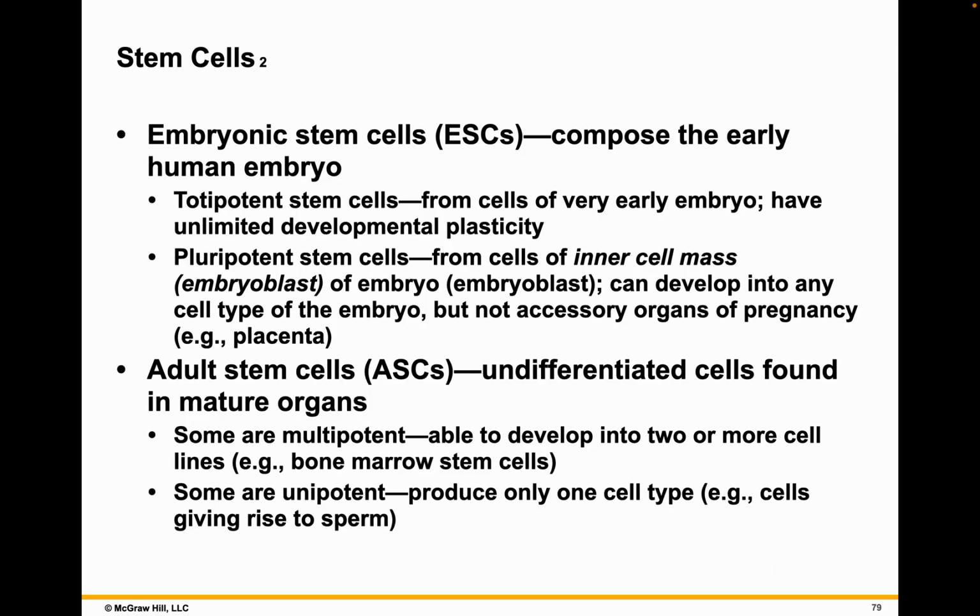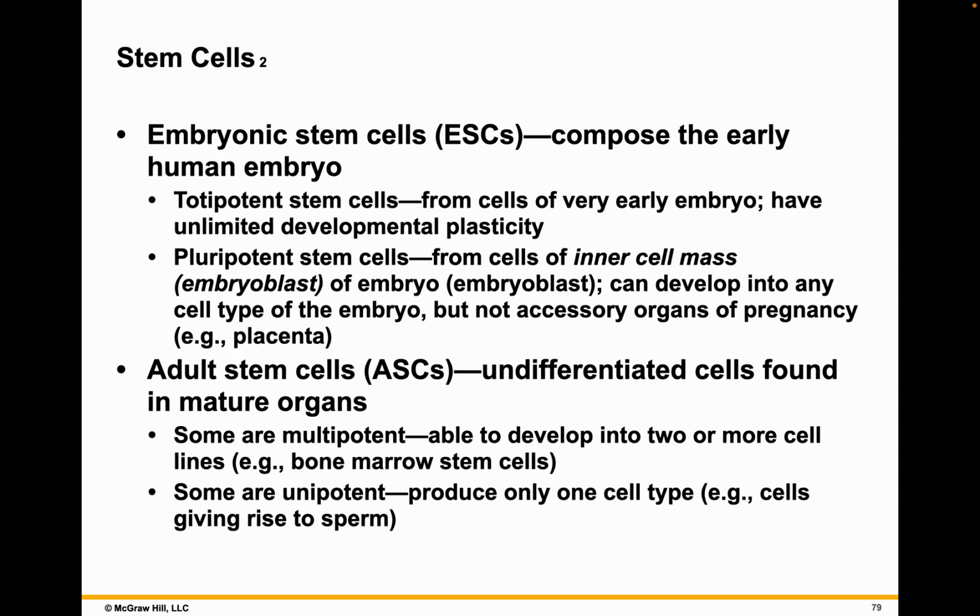And actually, stem cells we classify as 2 different types. Embryonic stem cells, they come from the early human embryo. Initially, they are totipotent. We all started out as one totipotent embryonic stem cell. Eventually, most of them become pluripotent stem cells where they can develop into specific things.